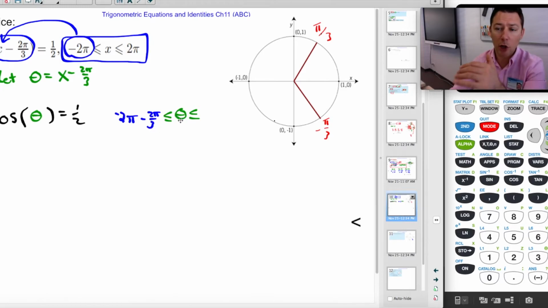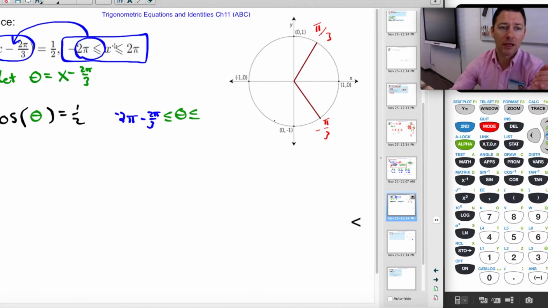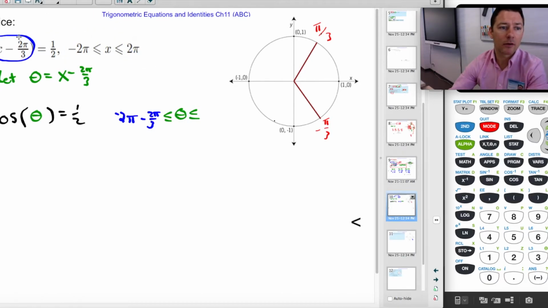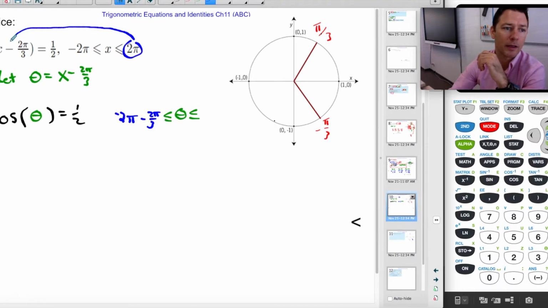Okay, so that's the lower limit on theta based on the lower limit of x. If we do the same thing for the upper limit of theta, what's the biggest thing you could put into x? Well, it's 2 pi. So if you put that in there, the biggest thing that will come out for theta is 2 pi minus 2 pi thirds.